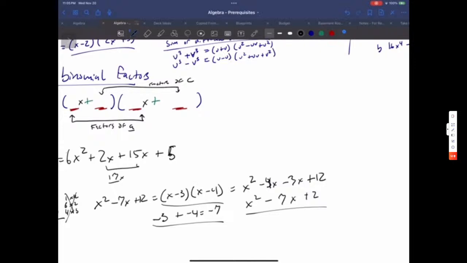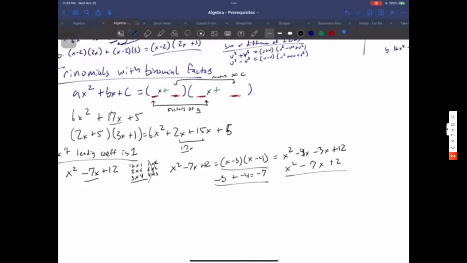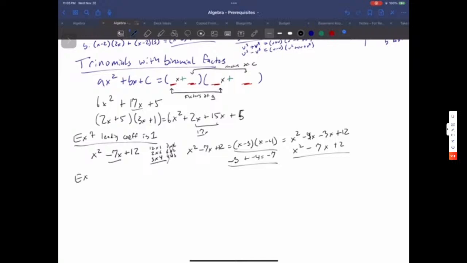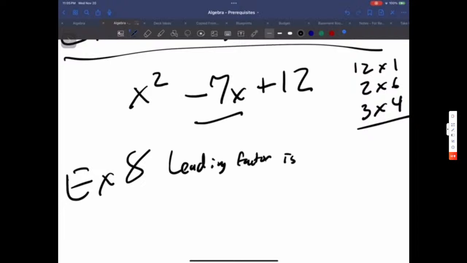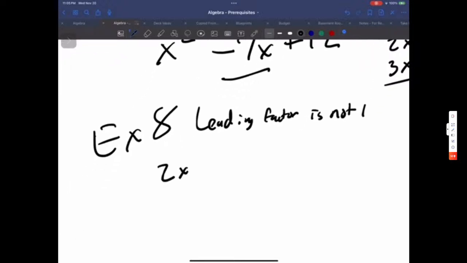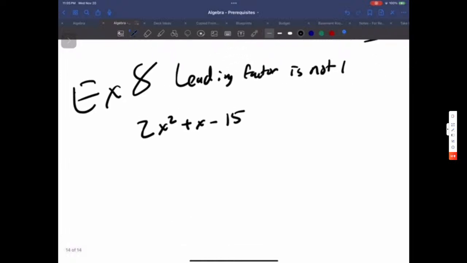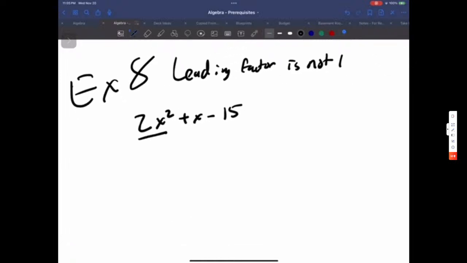Okay, so now they go to the next example, example 8, where the leading factor is not 1. So, using their method, you can list out all the possible factors of A and C. So you have 2, they're all going to be 2x, because the only factor of 2 is 2.